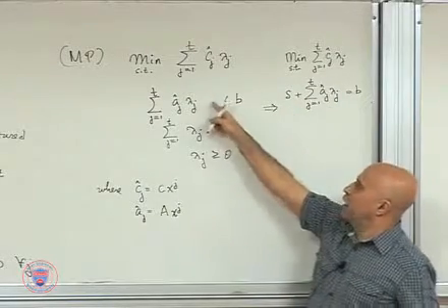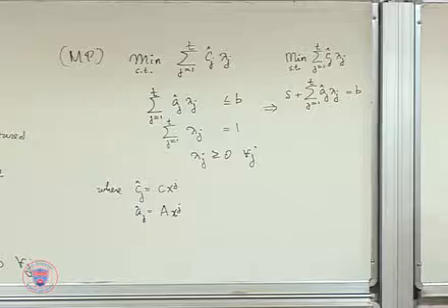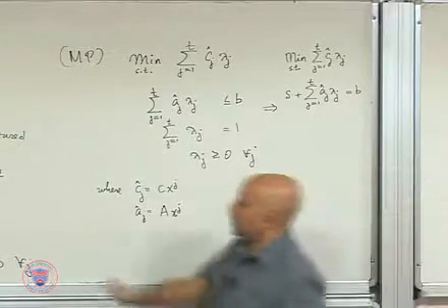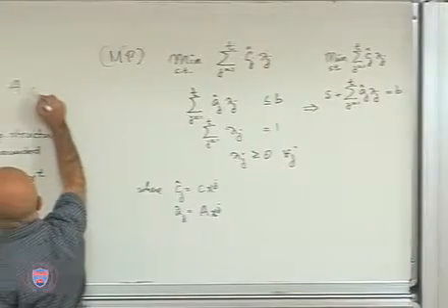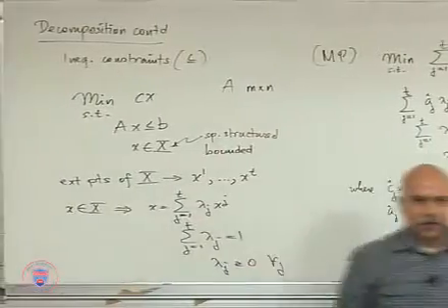You just add m slack variables, assuming that the original problem has m rows, n columns.